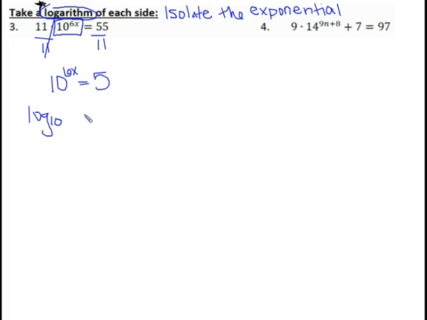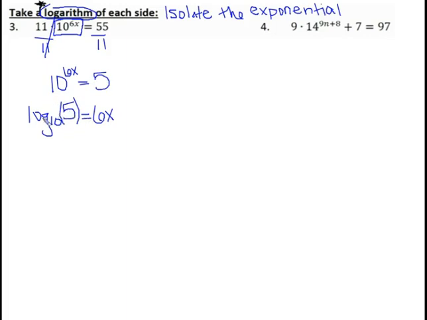And logs are always equal to exponents, so this 6x should be on the other side, equal to 6x, and then our value of 5 is what we would actually take the log of. Okay, so we have a base, logs are always equal to exponents, and our answer, if you will, because notice how it equaled 5 in this step right here, is what we take the log of.